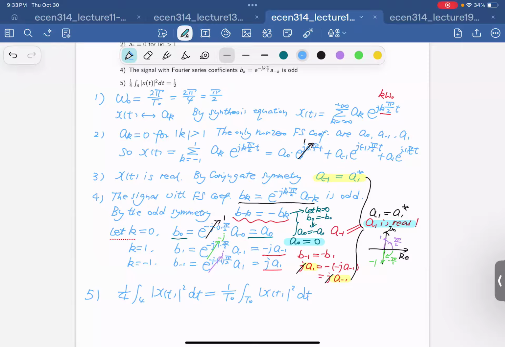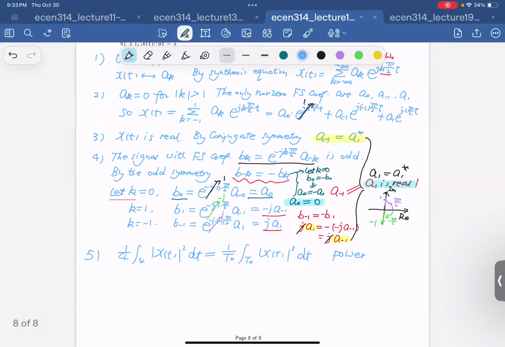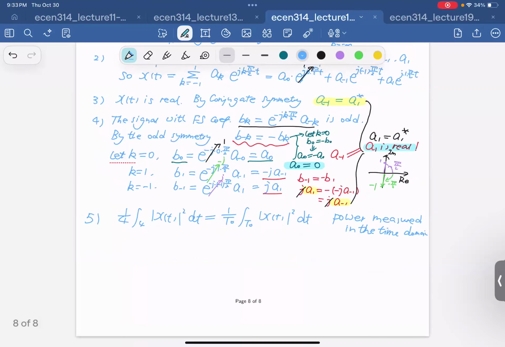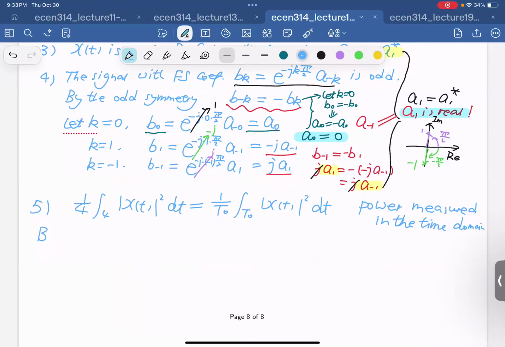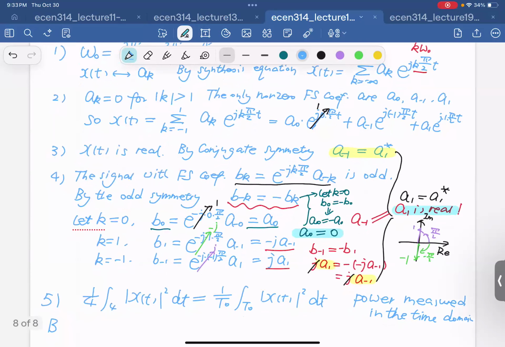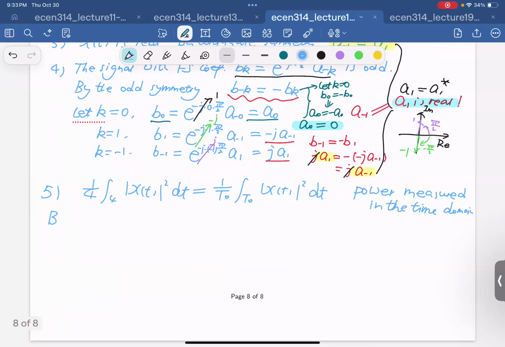So that is a power. Okay, this is a power measured in time domain. So by the Parseval's relation, we can calculate power also in the frequency domain.